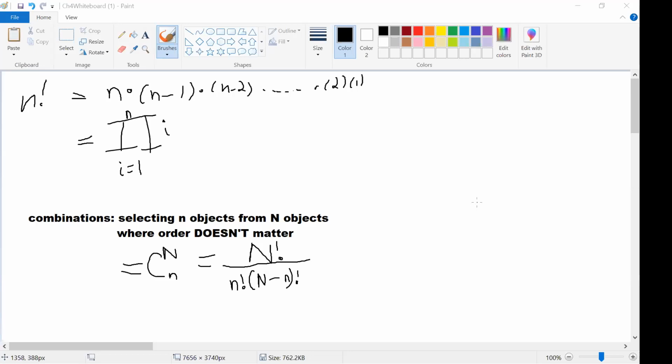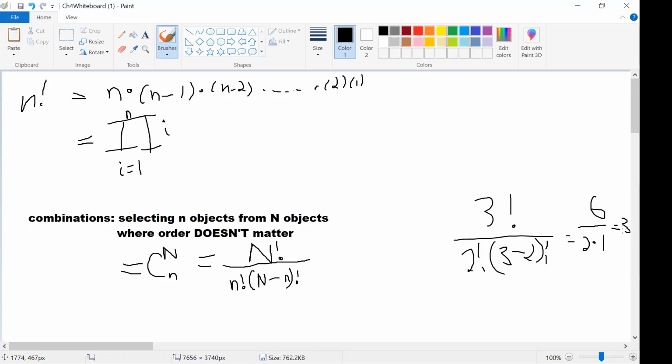So we would have 3 factorial divided by, we're choosing 2, that'd be 2 factorial, and then we have 3 cards total, and we're choosing 2, so 3 minus 2 factorial. 3 factorial, 3 times 2 times 1, that's 6. 2 factorial is just 2. 3 minus 2 is 1. 1 factorial is 1. So 6 over 2 times 1 is 3. 3 ways to do it.